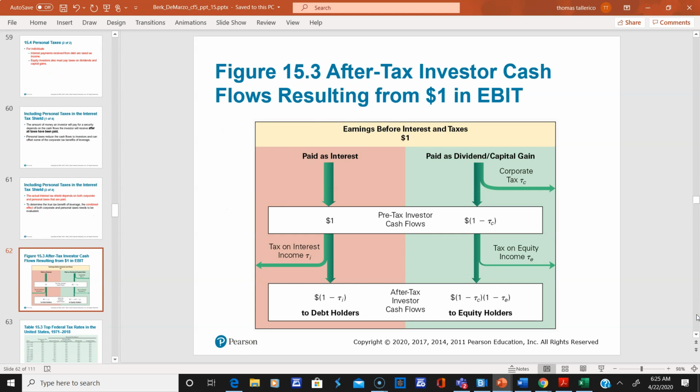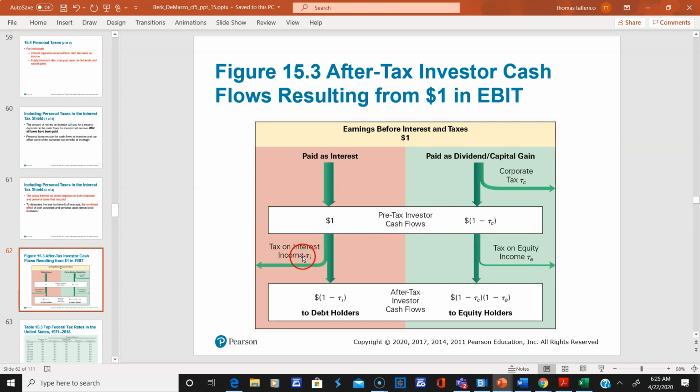So let's start up here on the tan area. This is a nice chart. Here's earnings before interest and taxes, like on a dollar. If it's paid as interest, you get $1, and this is the pre-tax investor's cash flows.